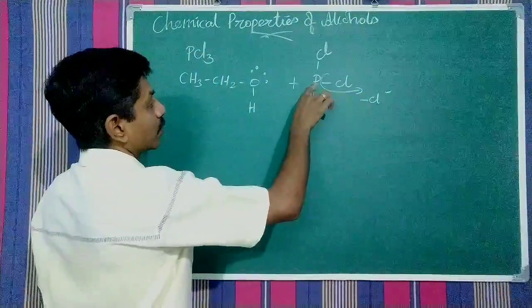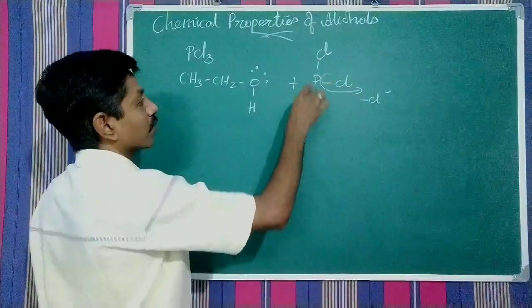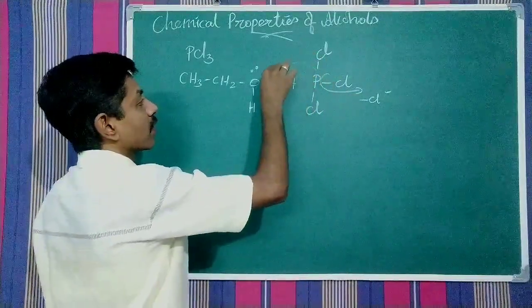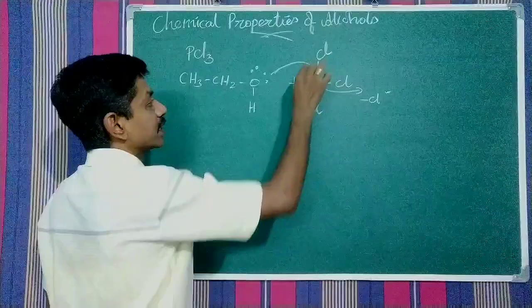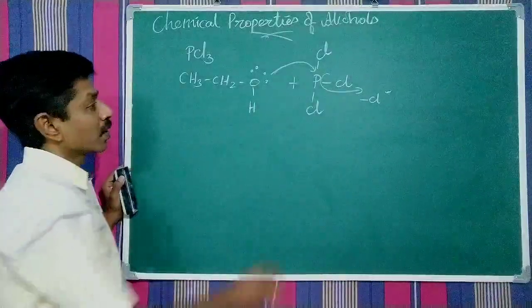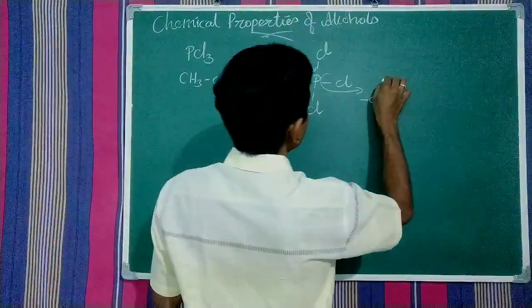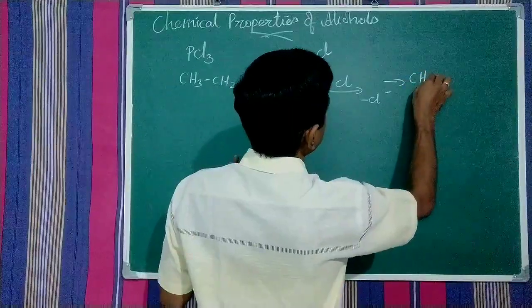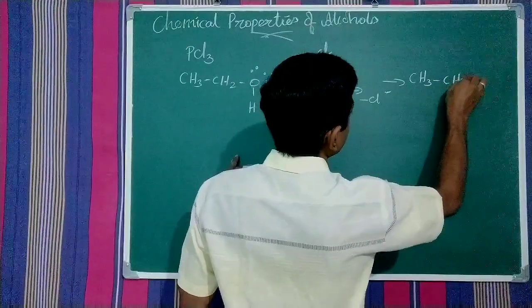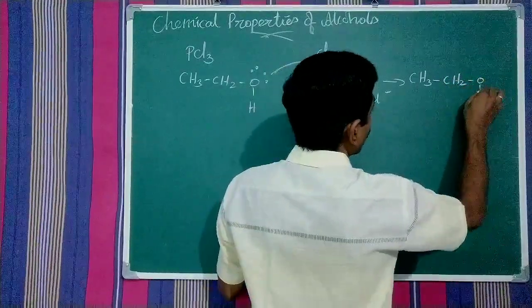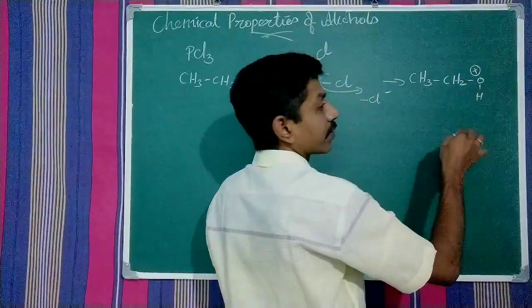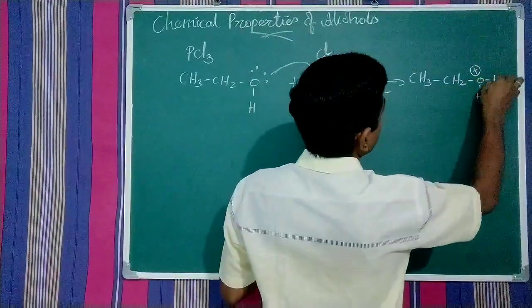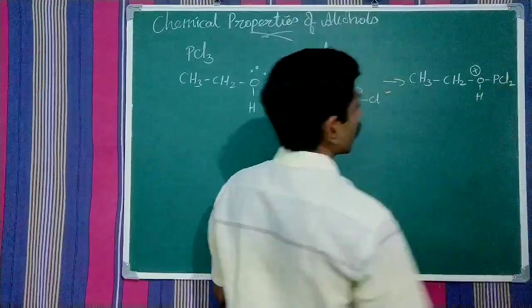And this PCl2 molecule will be attracted by this oxygen. That means the lone pair will be donated to this PCl2 molecule. So you will get a new intermediate, CH3CH2OH, that since it has lost a pair of electrons will get a positive charge, and then phosphorus with the two chlorides.